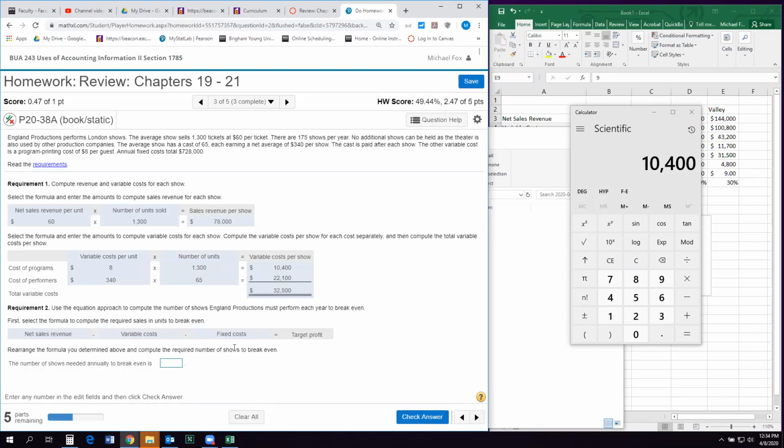When we're looking for the break-even point, our target profit is going to be equal to 0, because when we say break-even, we mean that we make exactly a profit of 0. So we know our sales revenue per show is 78,000, our variable costs are 32,500 per show, minus our fixed costs of 728,000.